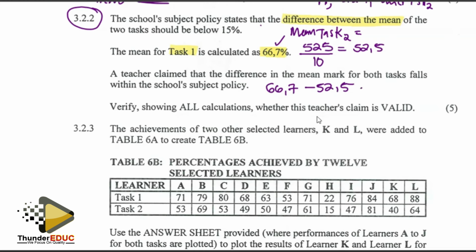Indeed, the claim is valid. It has to be below 15. The teacher claimed that the difference in the mean mark for both tasks falls within the school's policy, and the policy stated that the difference in the tasks should be below 15%.